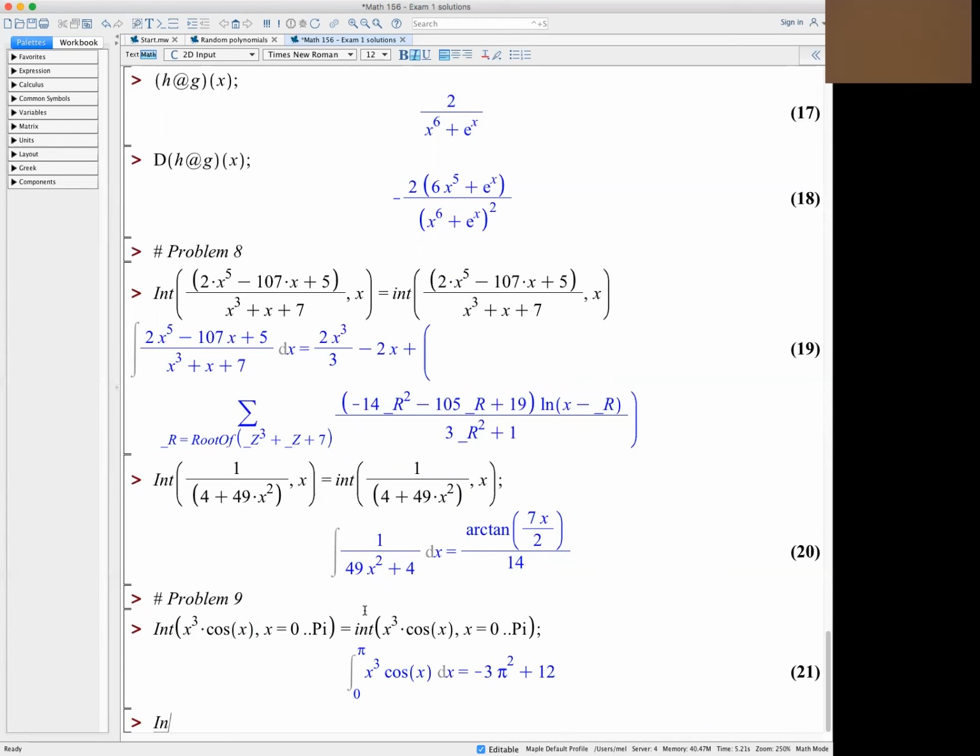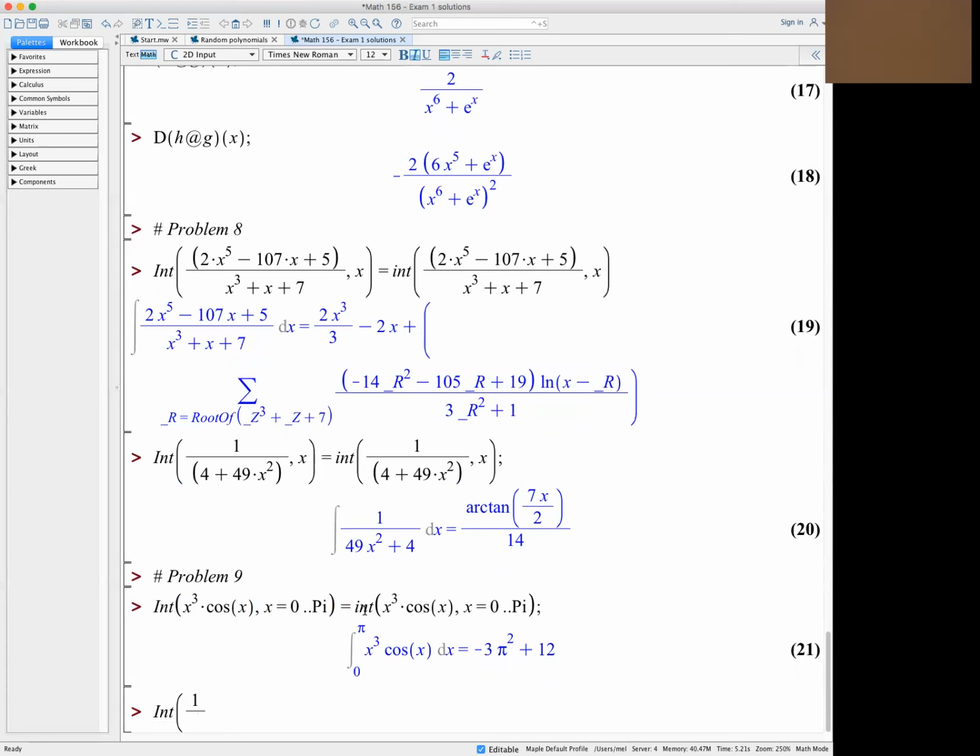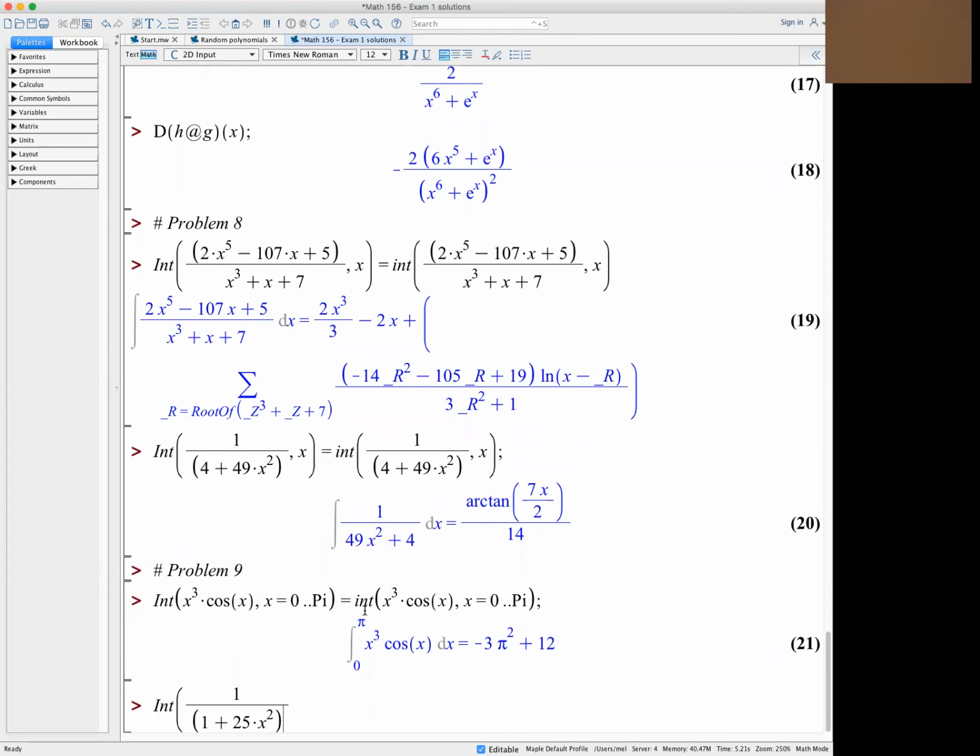And for the second, we're integrating 1 over 1 plus 25 times x squared, x going from minus 1 to 1.